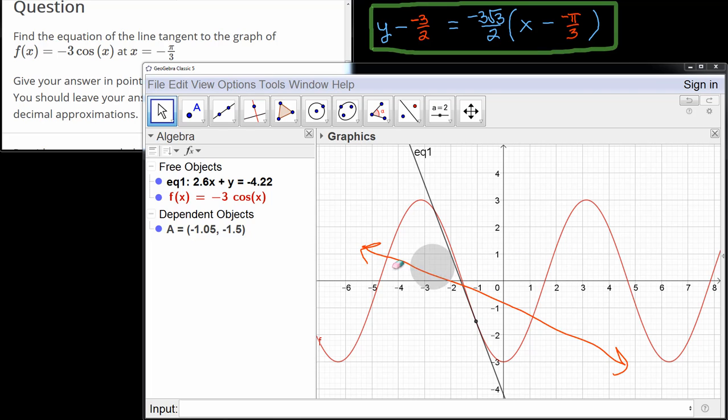So it wouldn't be that random. But you'll get some line that's obviously not a tangent line. So it's always a good idea to draw a picture, because it's fun to use GeoGebra, and drawing a picture also serves as a nice way to check your work.